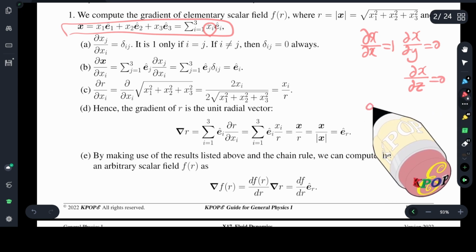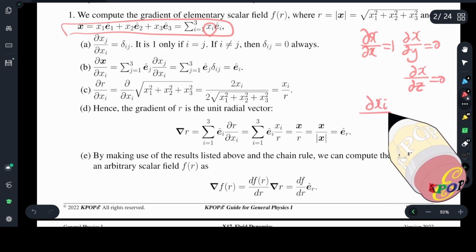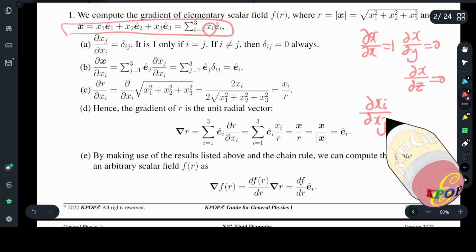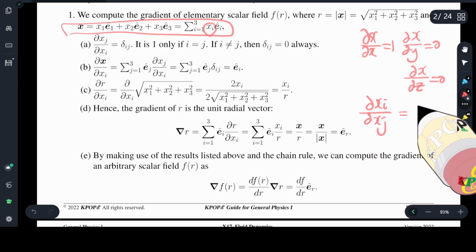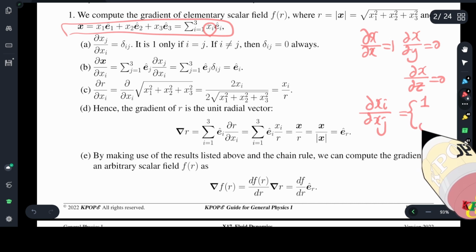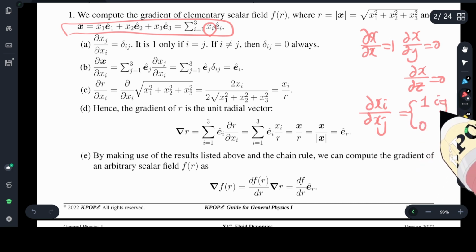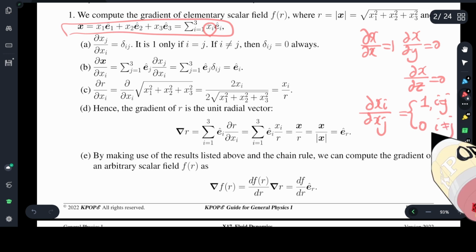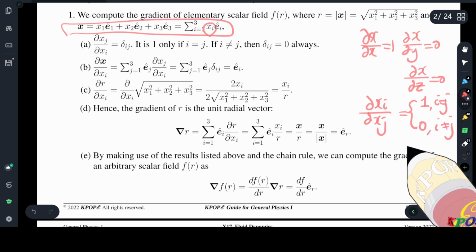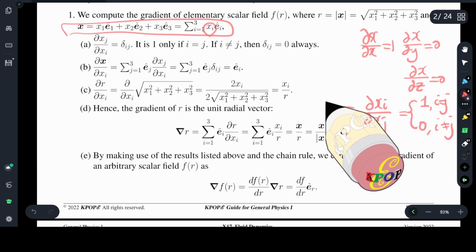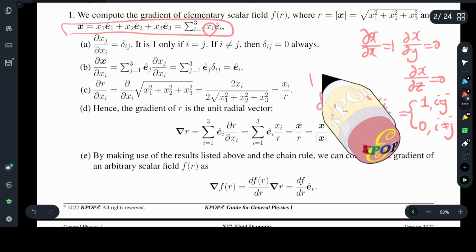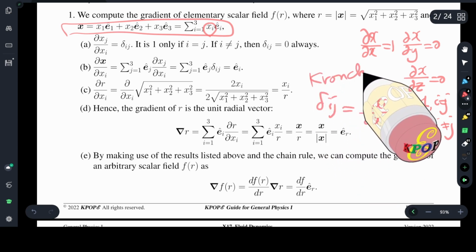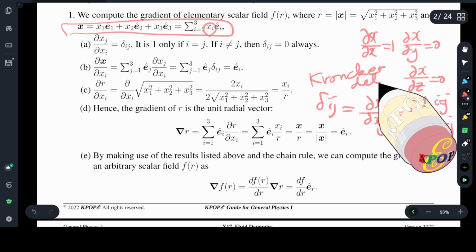That means if I take the derivative of x_i with respect to x_j, it is either 1 or 0. If i equals j, it is 1. If i is different from j, it is 0. So it is the Kronecker delta, delta_ij.